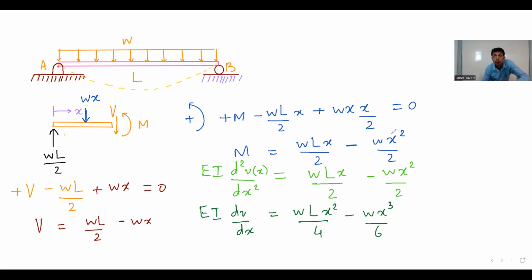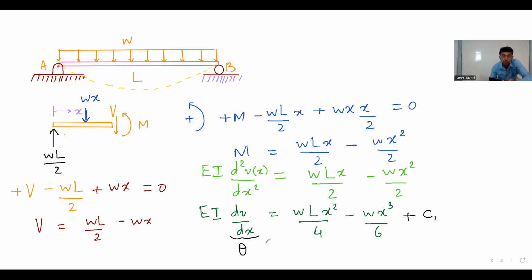That's it. I think there will be a C1 as well because this is indefinite integral. And by the way, just remember that dV by dx is tan theta, which is nearly equal to theta.